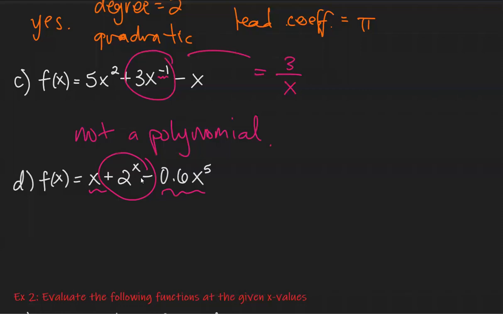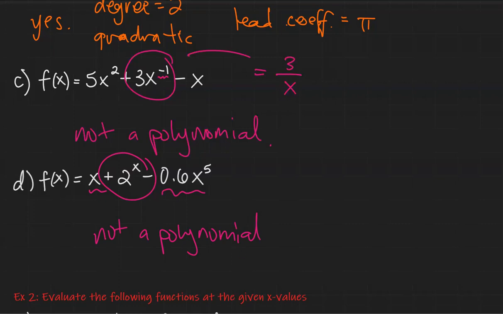And on top of that, the exponent is changing. The exponent's allowed to change, and when that's the case, it is not a polynomial. So we can't have a variable in our exponent either. It has to specifically be a whole number. It cannot be a variable either.